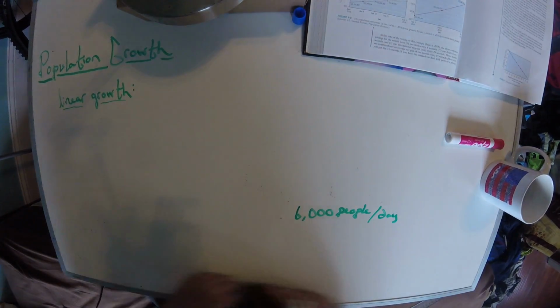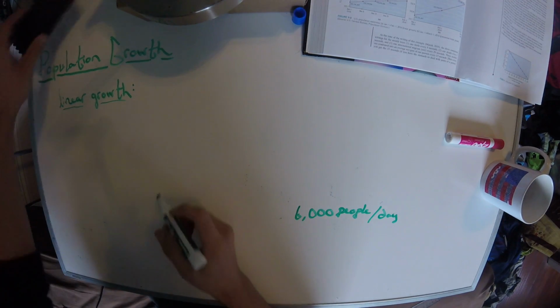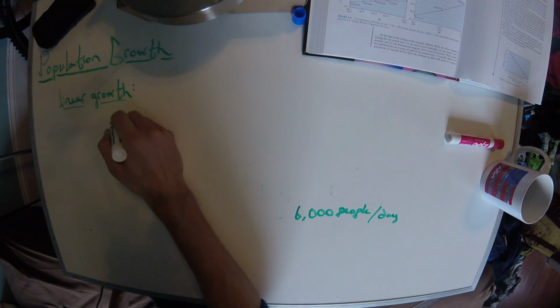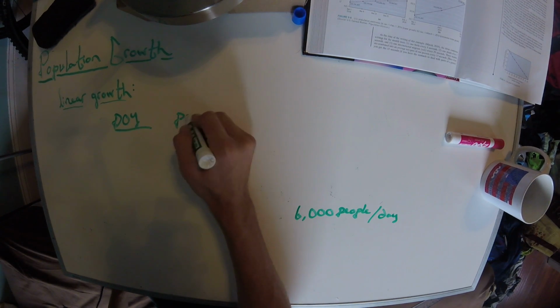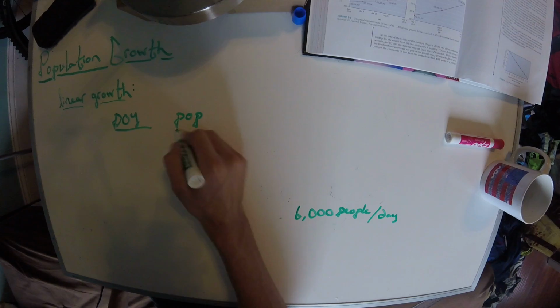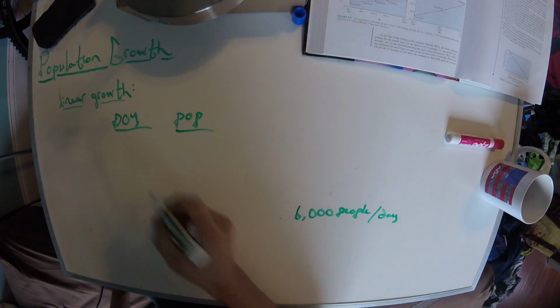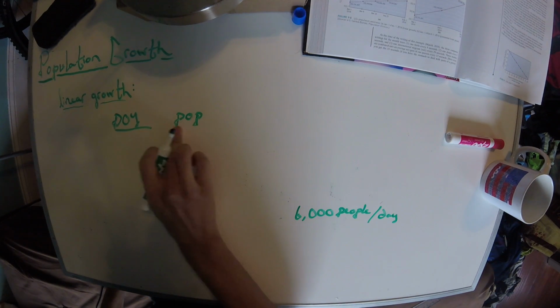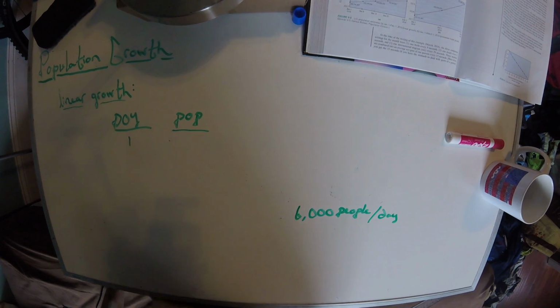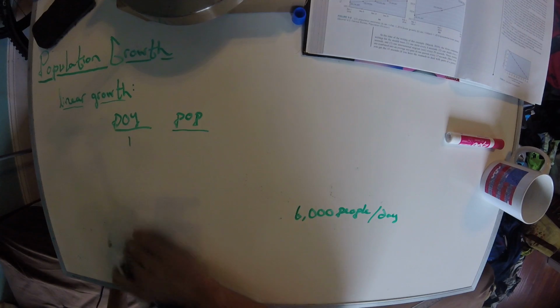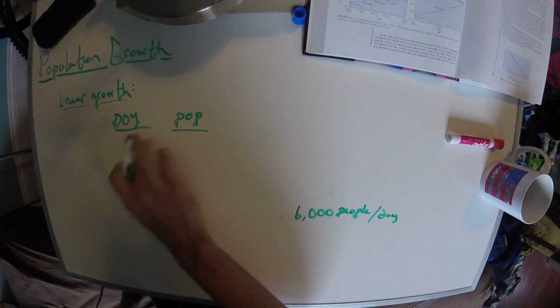So I'm going to set up a little table here. We'll have day of year, and we'll have population. So we'll start at day 1. Actually, we'll start at day 0. Let's call the first day day 0.